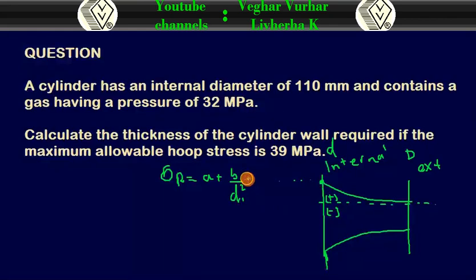Like here we have a radial stress of 32. Then the internal diameter is this, the small d is this one. Then we have an internal diameter of 110 here.